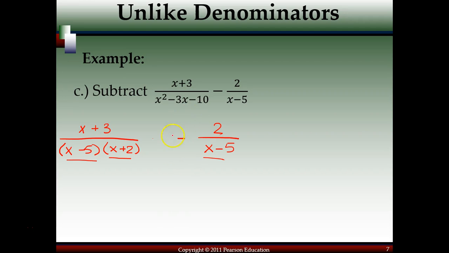So what we need to do is multiply both numerator and denominator of the second expression by x plus 2 and x plus 2. I'm going to put that in parentheses.